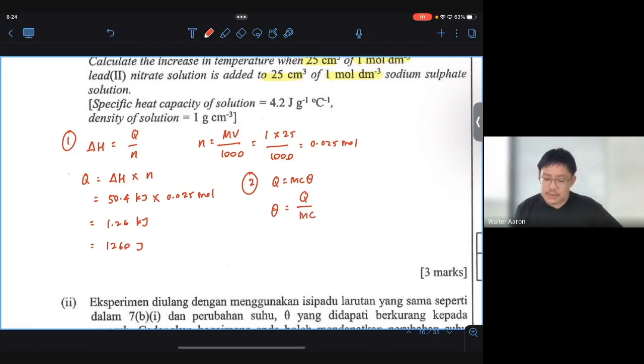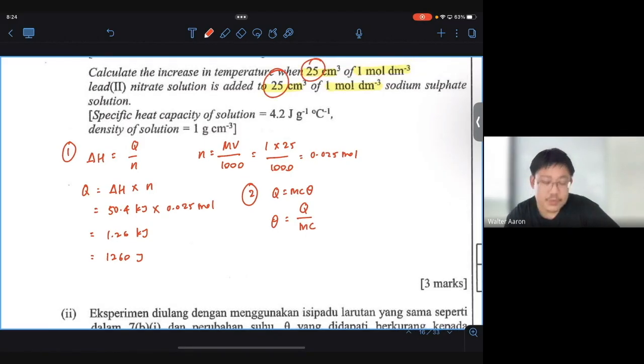So theta is equivalent to Q divided by MC. Q we already have, 1260 joules. M will be 25 plus 25, so it's 50, and C is already given. So substitute the values in: 1260 divided by 50 times 4.2.